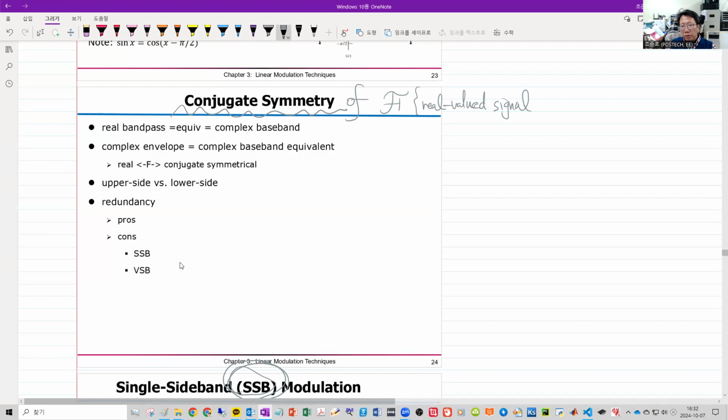From the beginning of this course, I said that signals and systems is a prerequisite and very important. One of the most important results is that if you have a real-valued signal, its Fourier transform satisfies what? Conjugate symmetry. This comes up again and again and again, as you will see in the next class meeting.